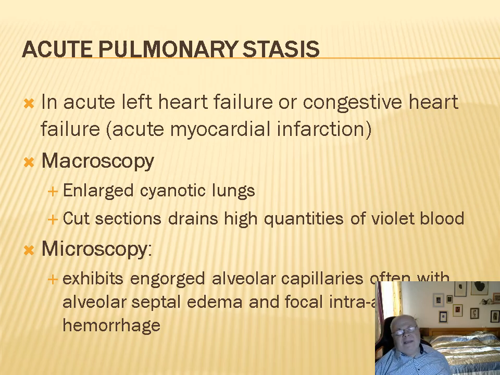Obviously, it is us during autopsy who see this modification happening. If these large and blue lungs are cut during the autopsy, a very high quantity of violet or blue blood will drain out, because it is stagnating in large quantity inside the lung.